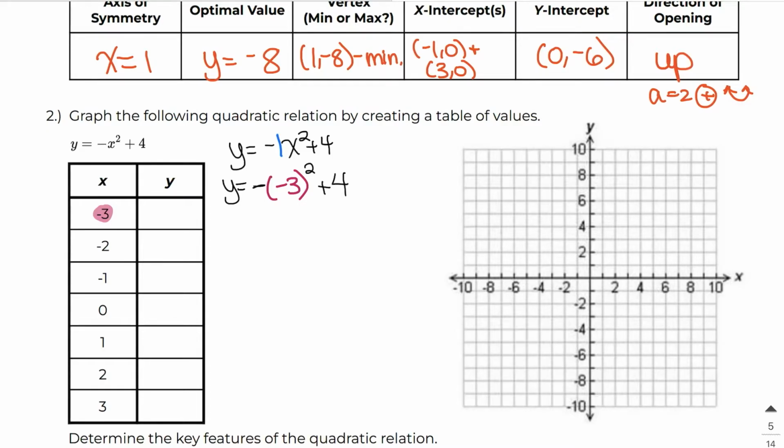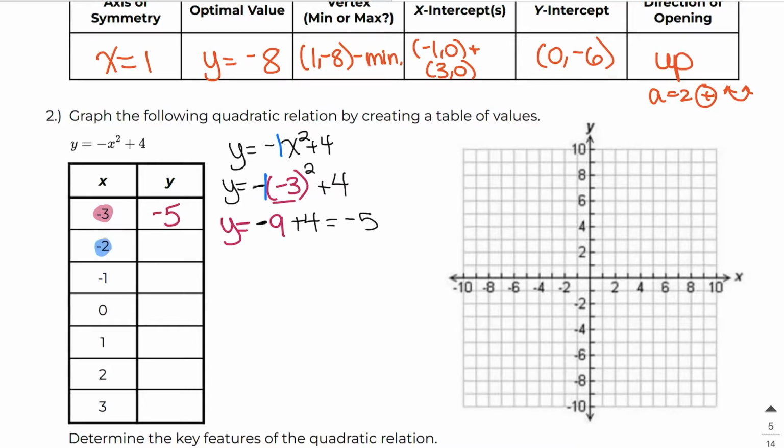We have to square that -3 first before we add on that negative. So for example here, -3 squared becomes +9, but this negative tags along. Or you could look at it like -3 squared is 9 times -1 is -9. Okay, and then we just add the 4 onto it, so we end up getting -5. So here, when x is -3, y is -5.